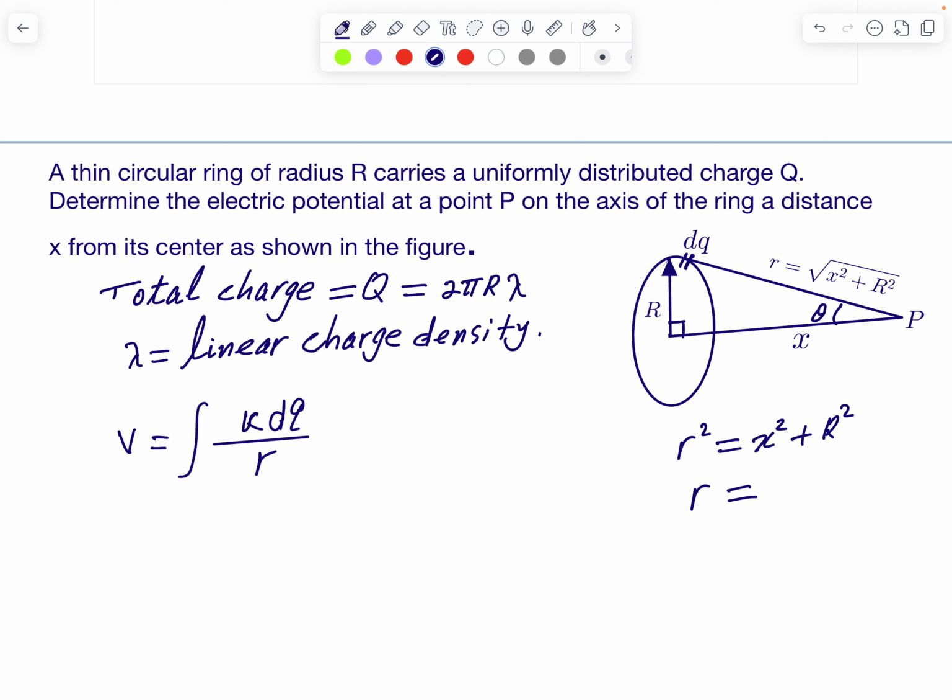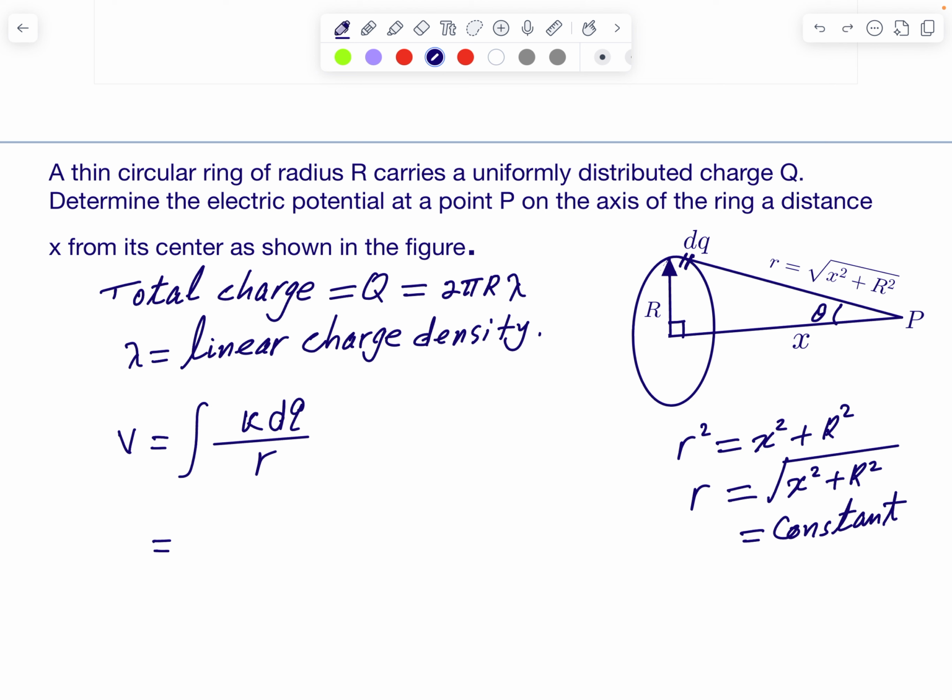Therefore, small r is a combination of two constants, so it's going to be a constant: the square root of x squared plus R squared. Because x is constant and the radius is constant, therefore in this equation, k is constant and r is constant.